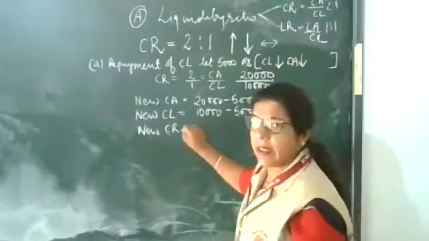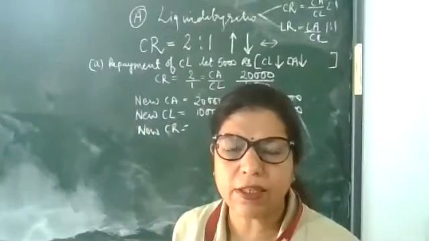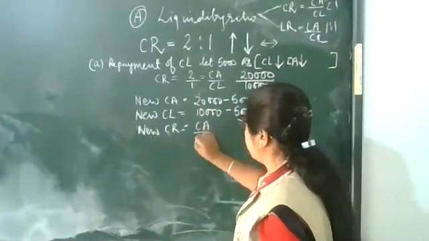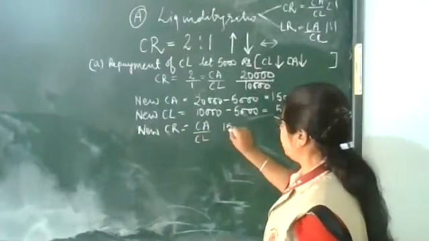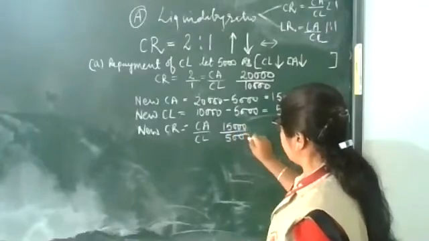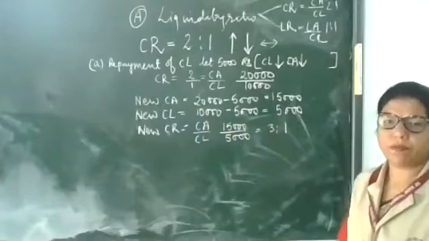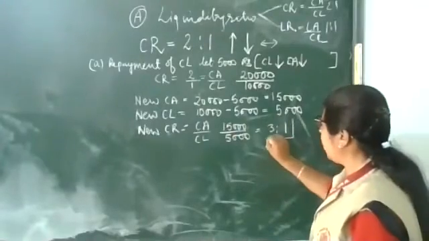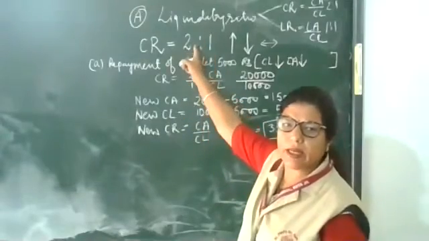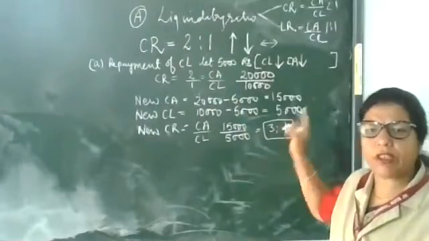Now the new CR, or you can say changed CR. What will be the formula for CR? Simple, CA upon CL: 15,000 upon 5,000 is equal to 3:1. Now my question is very easy. The original CR is 2:1 and the new CR is 3:1.